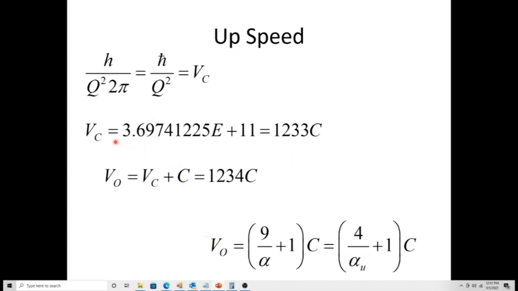The velocity of the up quarks is 1,200 times the speed of light. And you can see how if we use the legacy fine structure constant, the velocity of the up quark is 9 over the fine structure, where it's only 4 over its own fine structure constant. And it's interesting how these are all even numbers. Very interesting. That shows the quanta level.